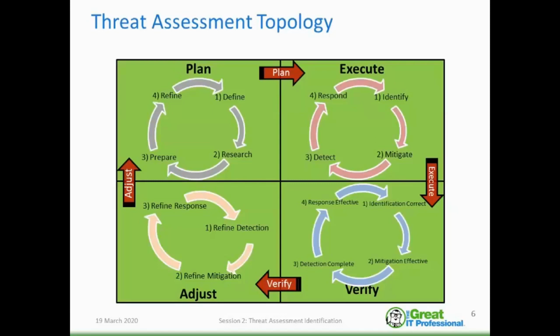This is the second session. Last week, we looked at the overall planning process, and we went through how we do defining, researching, preparing, and finally refining. Today, we're going to talk about, within the execute process, the identify function.